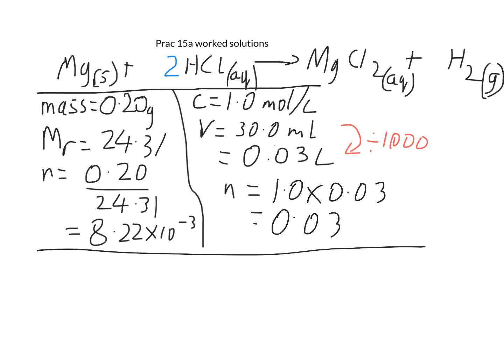And what I can do is base myself on one substance and work out how much of the other substance I need using that. So for every 1 mole of magnesium, you need 2 HCl's.